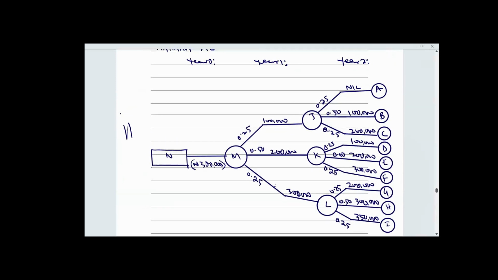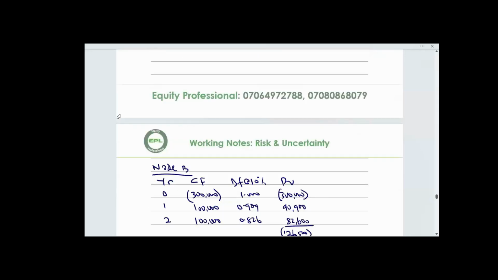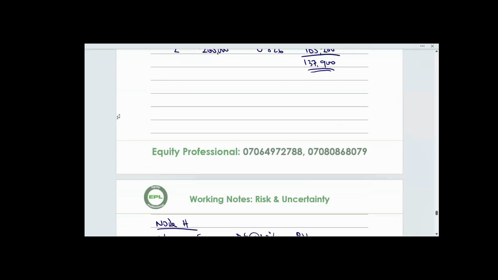Now, when you look at our diagram, you will notice that node J is coming from node ABC. Therefore, you need to combine the NPV of node A, B, and C. So for node J, we have 5 more nodes to go.